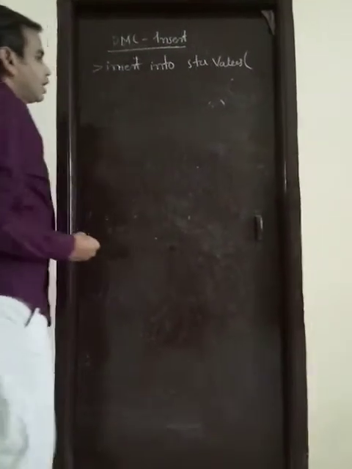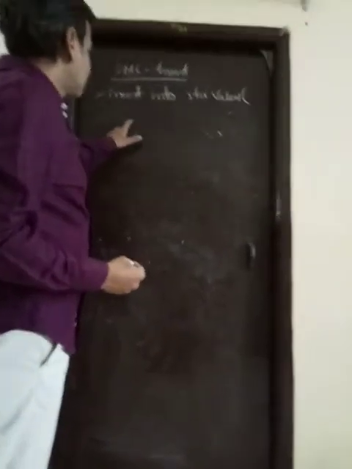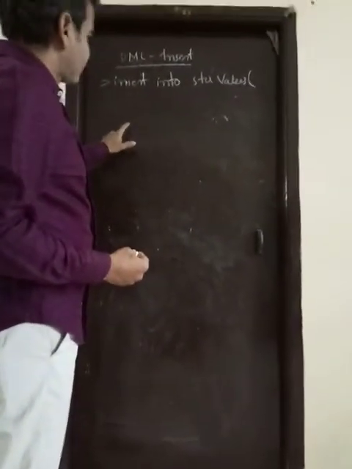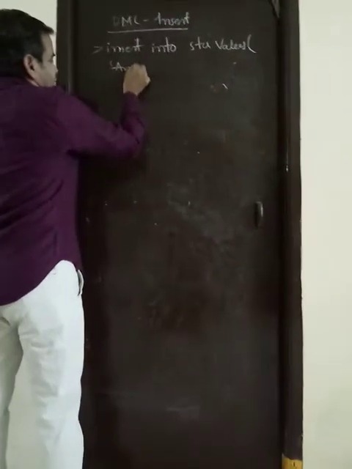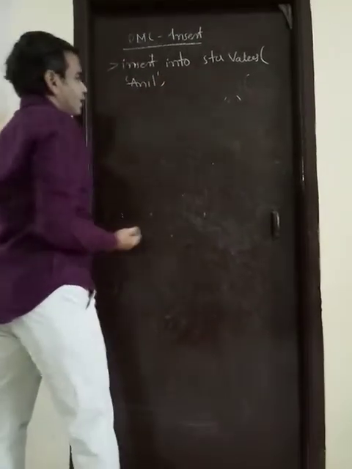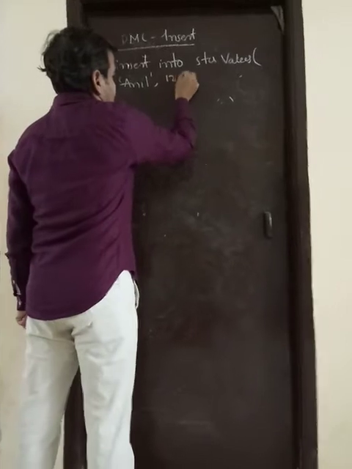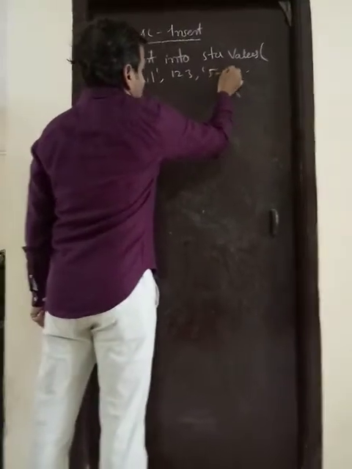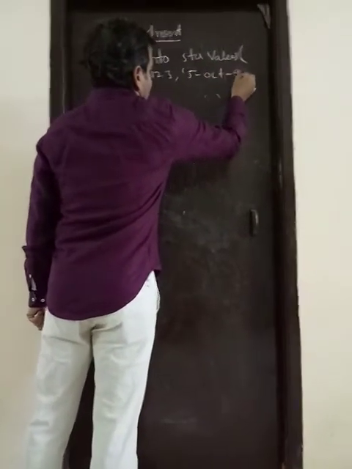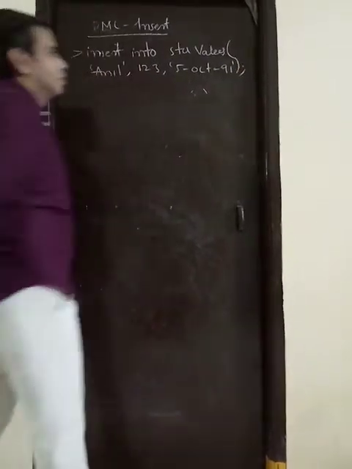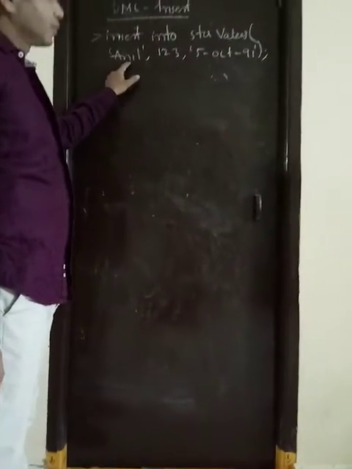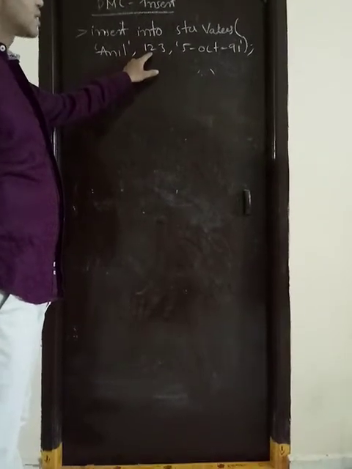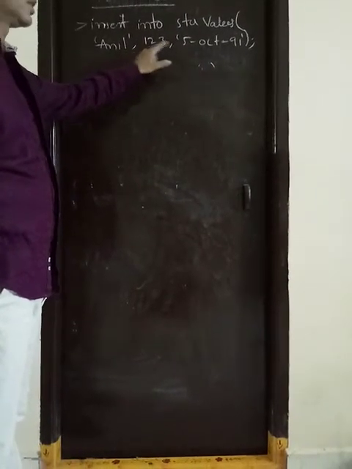First I created student ID, then student name. I am inserting Anil as the student name, and student ID 123, date of birth 15th October 91. So Anil is the name, 123 is the student ID, then date of birth.